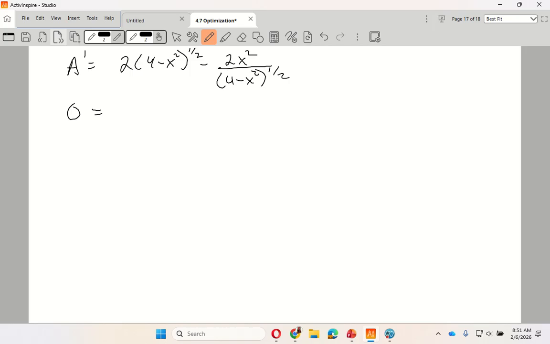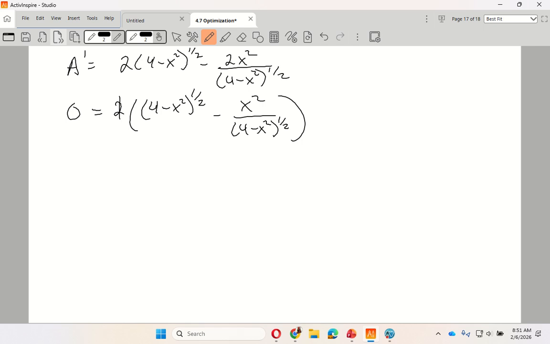Can I factor that out? That is going to make my life a little bit easier here in a minute. You'll see. Divide both sides by 2. If I divide both sides by 2, what happens to this 2 right here? It goes away. It just cleans up my distribution here.